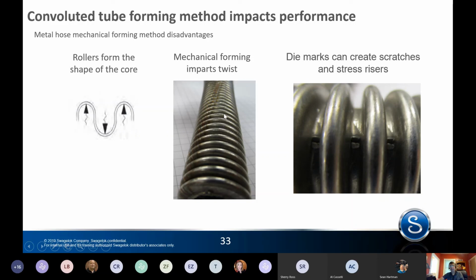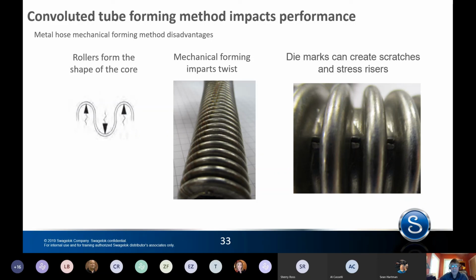And I mentioned at the beginning, the fastest way to kill a hose is by torquing a hose. And what we're doing by making a mechanically formed metal hose is we're torquing a hose. Even before it's braided, even before it's installed, it is basically being killed, unfortunately.